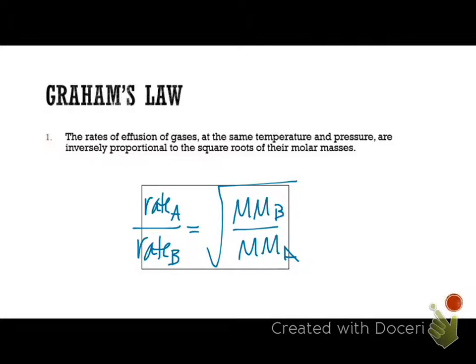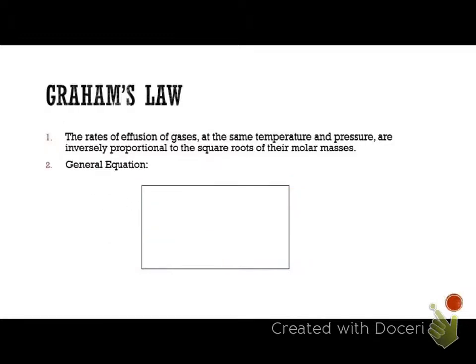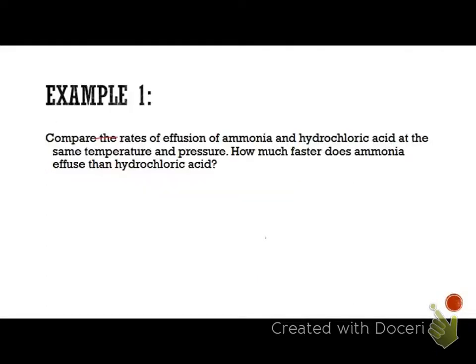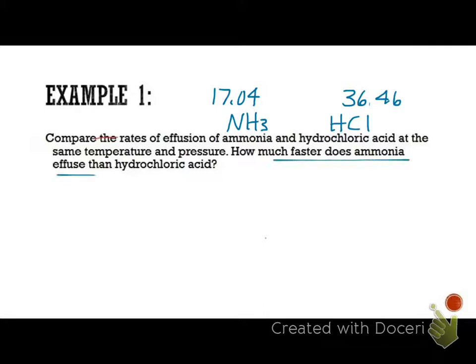Okay? So let's do an example of this. I already gave you that general equation. Here we're going to compare the rates of effusion of ammonia, which is NH3, and hydrochloric acid. We're going to need their molar masses. Ammonia is going to be 17.04, and this is 36.46. It wants to know how much faster does ammonia effuse than hydrochloric acid.